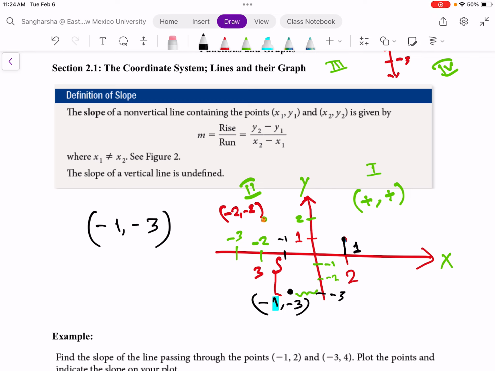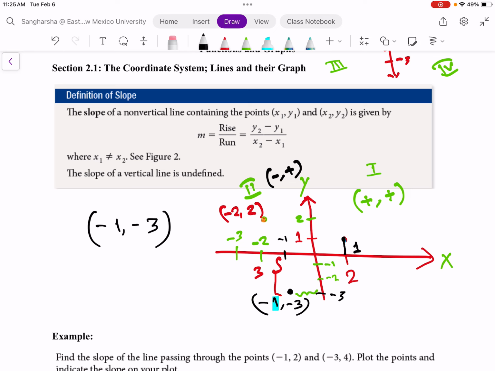Oh yeah, it's negative 2, positive 2. Thank you. It's not negative 2 for y because our y coordinate is positive. So in the second quadrant, the x coordinate is always negative and the y coordinate is always positive.